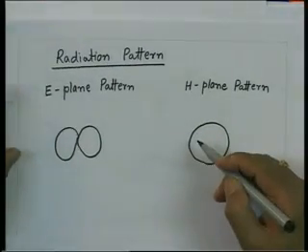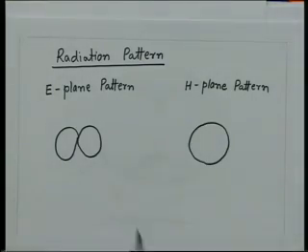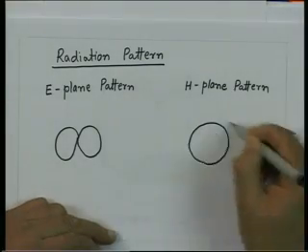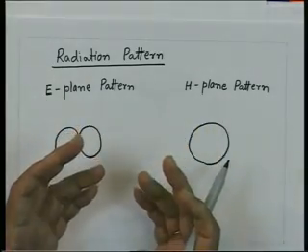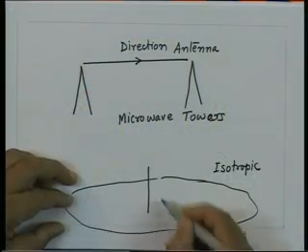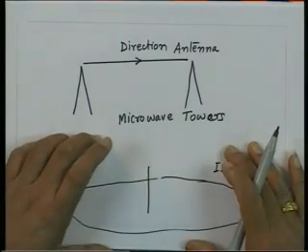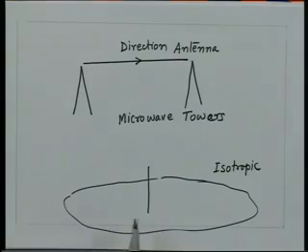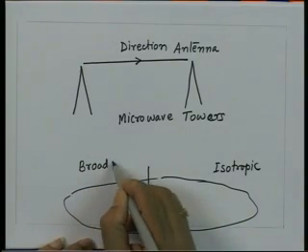That means if I ask what is the nature of the radiation pattern in this plane which is H plane, that is isotropic pattern. It is not isotropic as a function of theta, but it is isotropic as a function of phi. So, I may use this structure and I may get a radiation pattern which is uniform in this direction for making use for the broadcasting applications. So, in this case I may have an application which is broadcasting.